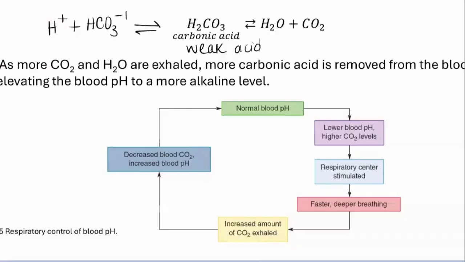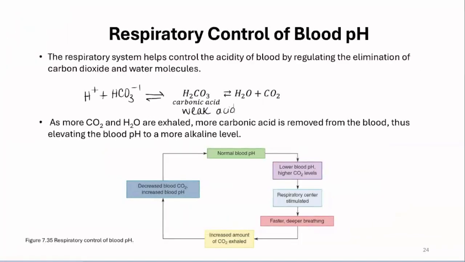For example, they have some problems in the lungs so that they cannot breathe out. That will be an instance in which CO2 levels in the body are going to be increased. So you can see that in this interplay of buffers, we can also incorporate Le Chatelier's principle because overall, this is an equilibrium reaction.